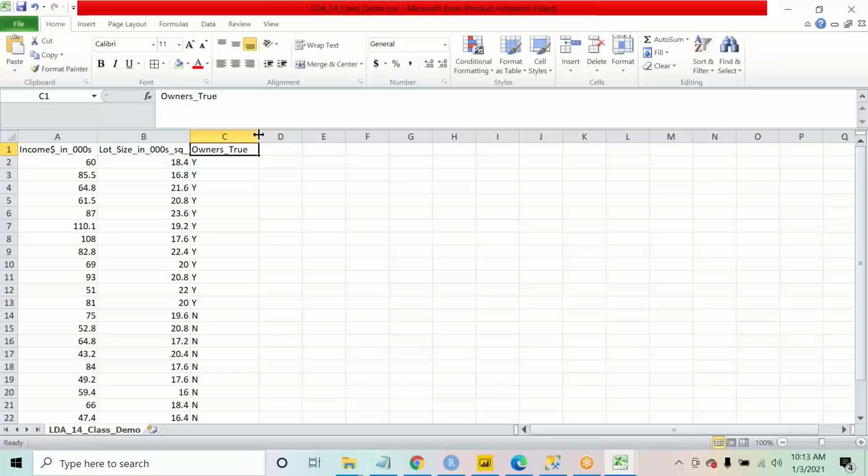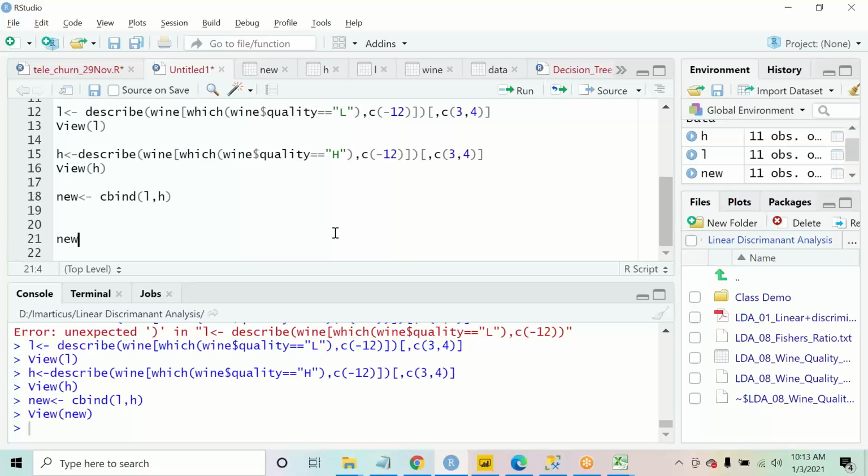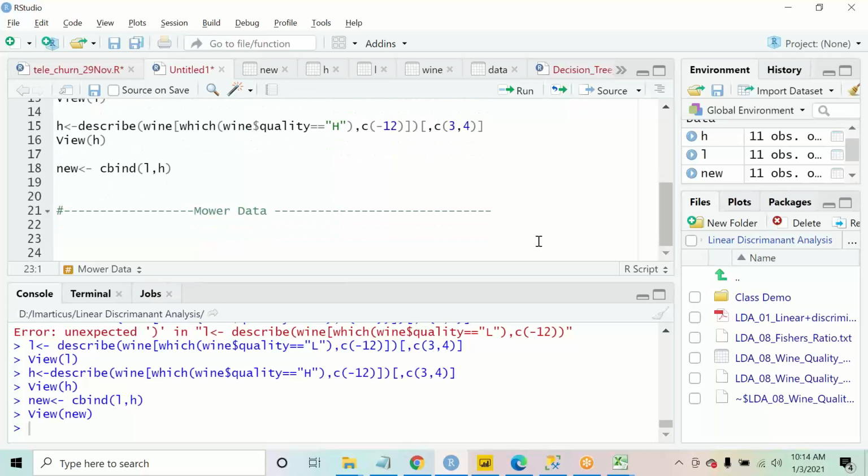Please download it. I hope you are able to download that file.